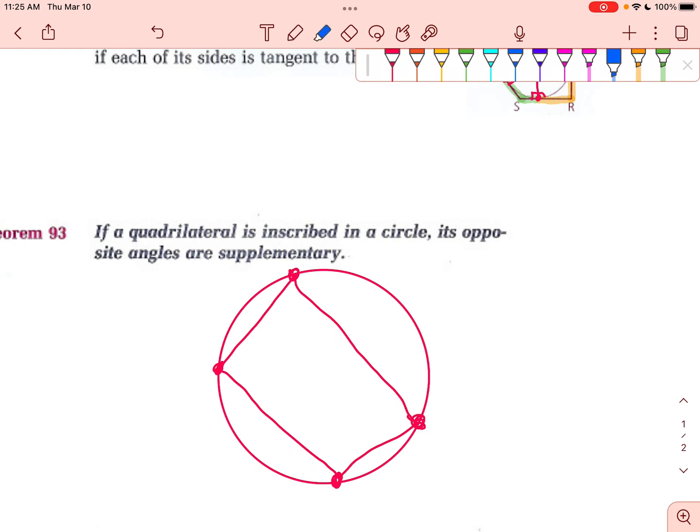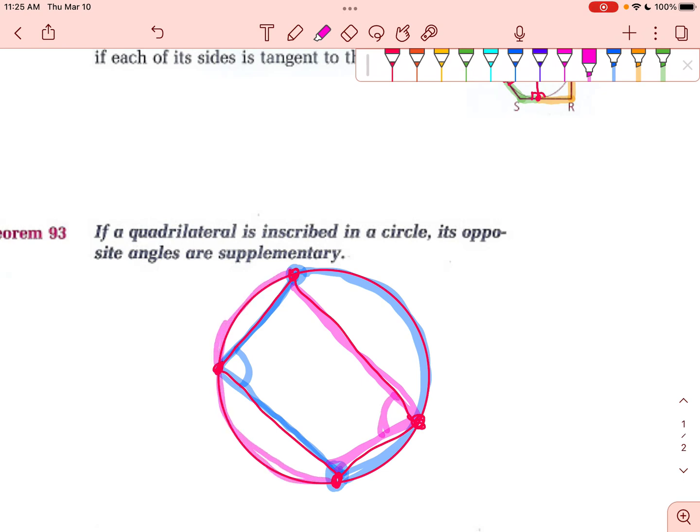Look at the opposite angles, you guys. This angle right here is technically inscribed. This is an inscribed angle, and it's using this blue arc right here. And then if you look at the opposite angle, this pink angle right here, it works with this arc.